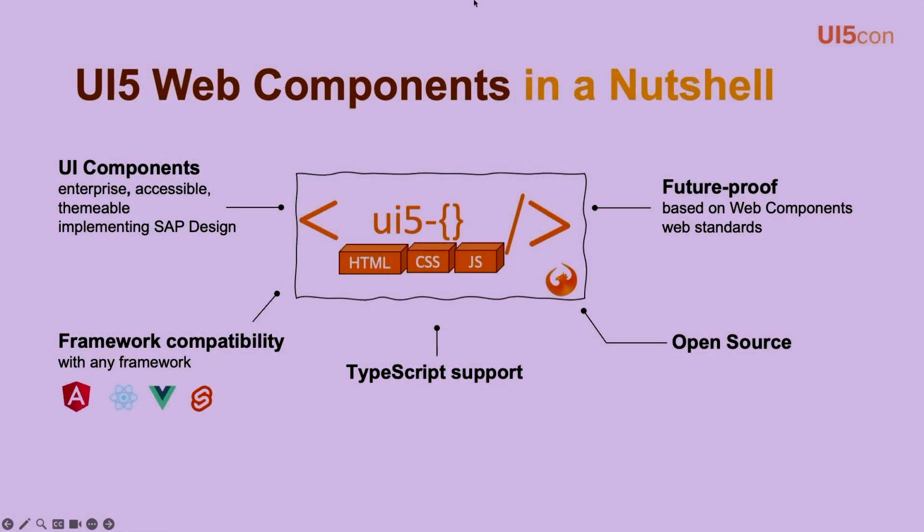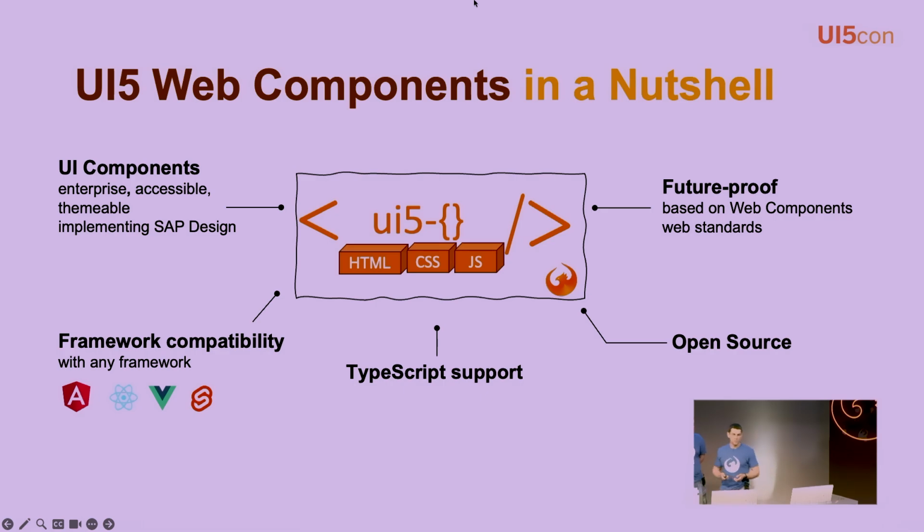But let's elaborate on that by highlighting the key features of the library. The UI5 Web Components are themable. They come with built-in themes like SAP Horizon and SAP Quartz, but you can also have a custom one if you need. The components are fully accessible because they are compliant to the latest accessibility standards. But most important, they are future-proof as they're based on the web standards supported by all browsers.